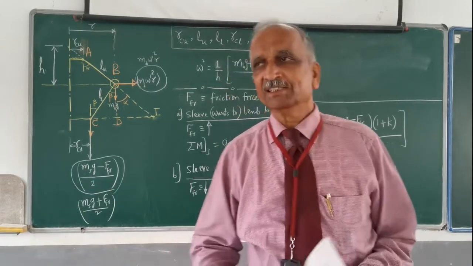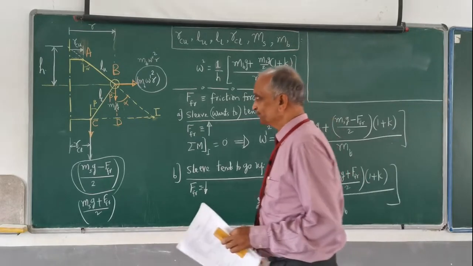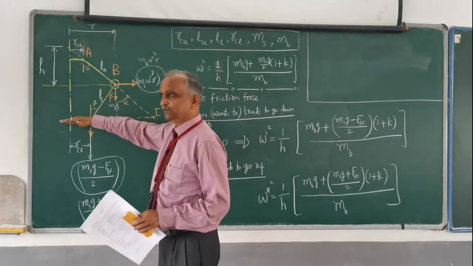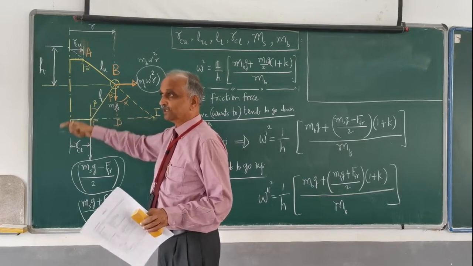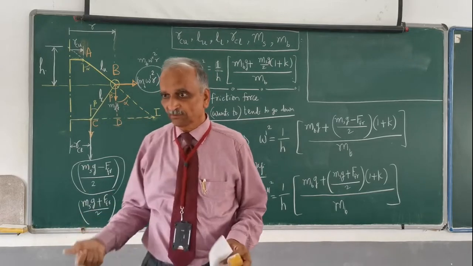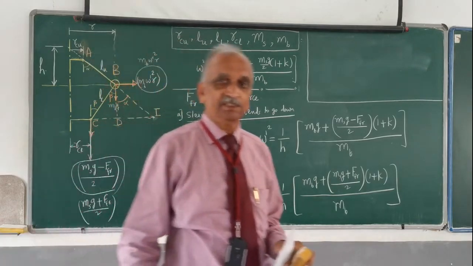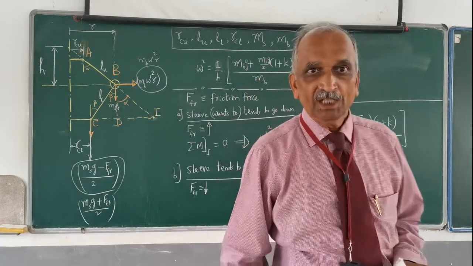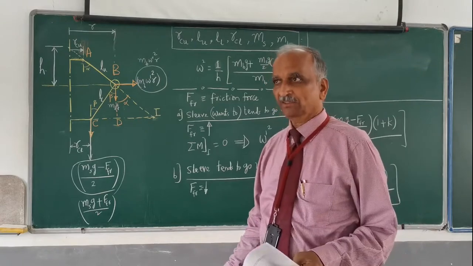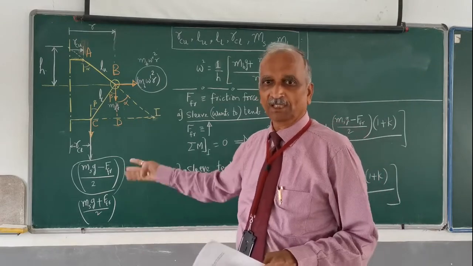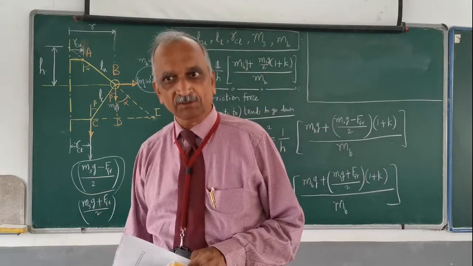A similar thing is happening here in our governor also. The governor is in this position. The movement of the sleeve is very important for maintaining constant speed. If the sleeve does not move at all, even if the speed changes, then we say that the governor is insensitive.